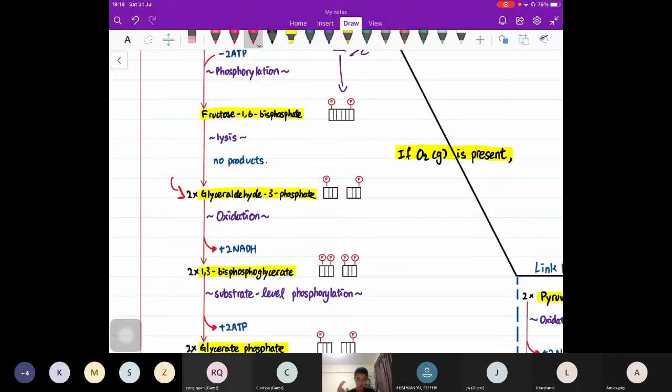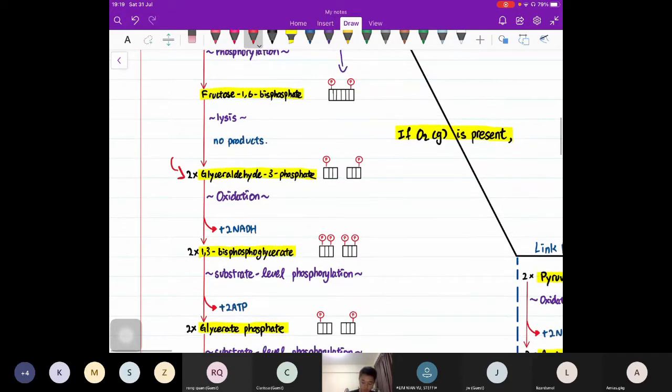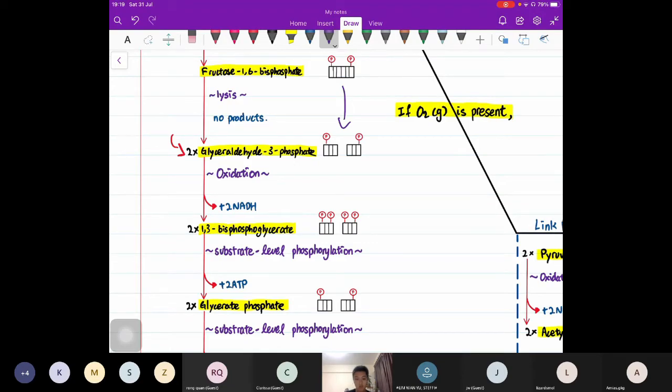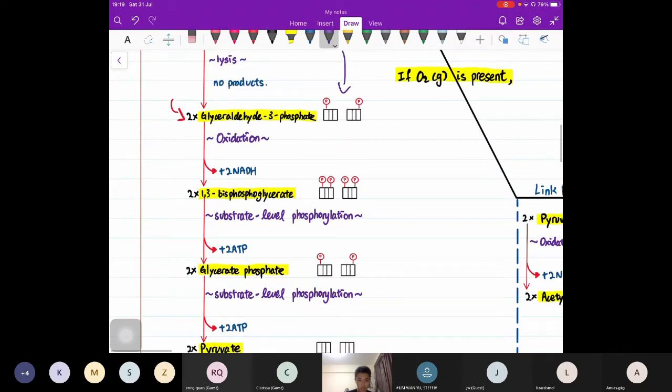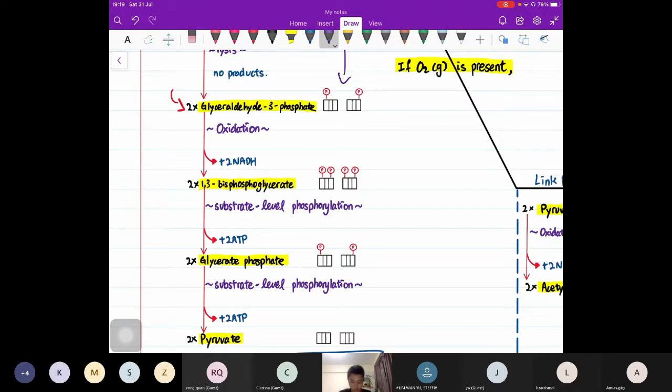So just remember that it's 2 times glyceraldehyde 3-phosphate. If you look at the right, 6 carbon becomes 3 carbons, and each 3-carbon has a phosphate group. Then 2 times glyceraldehyde 3-phosphate undergoes oxidation. Products formed are 2 NADH.